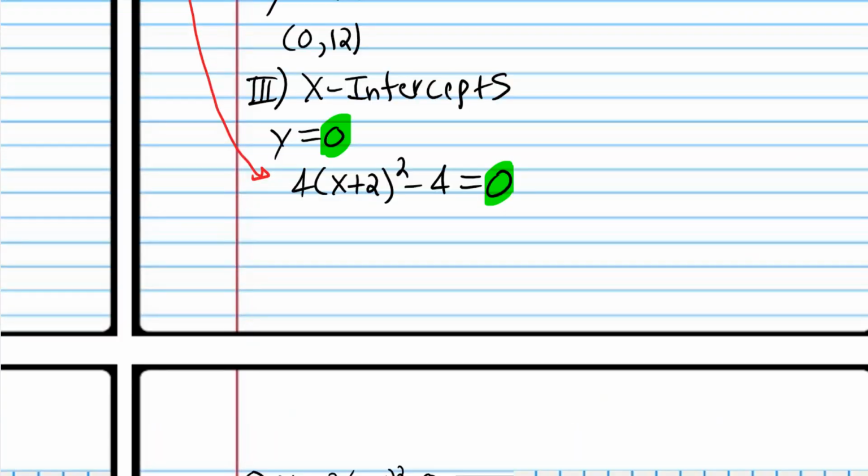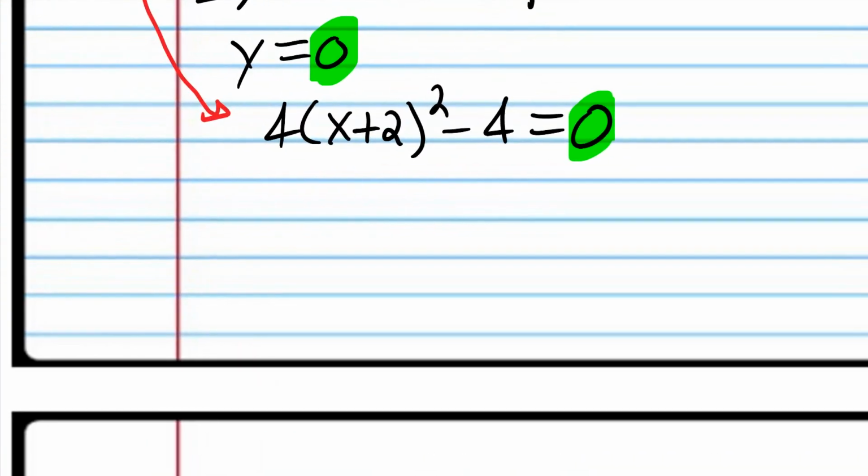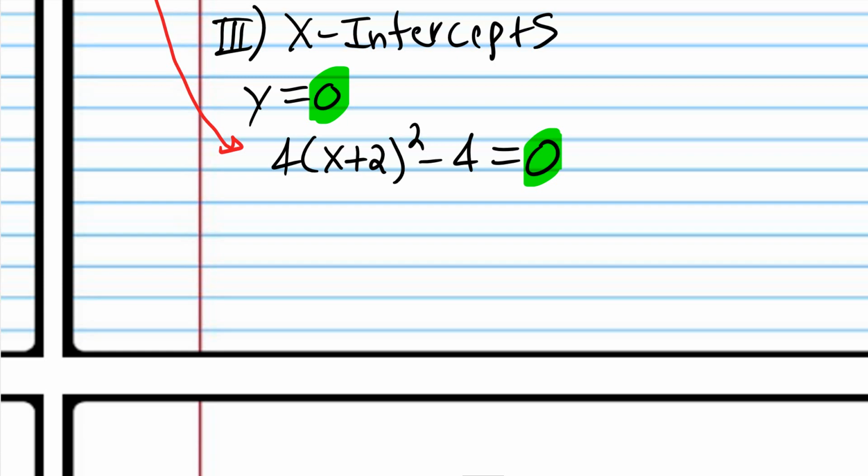Looks correct. So now we have to solve this equation, and this is an equation with a square. We did this in my beginning algebra course, and you can go back to my class in that course entitled Equation with Squares.